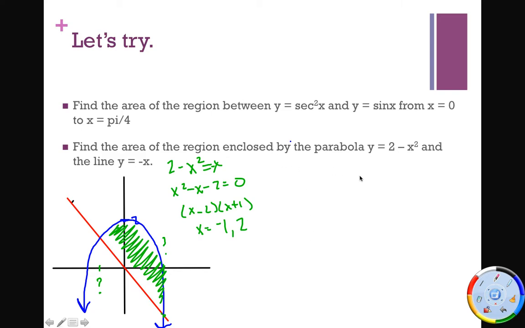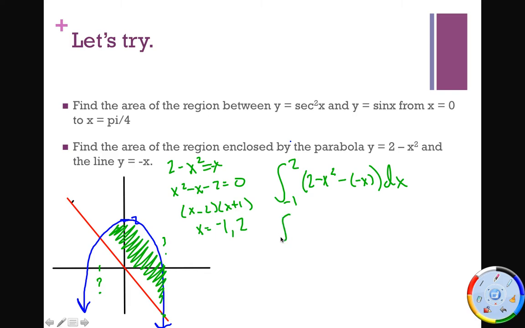That means our limit of integration now is going from x equals negative 1 to positive 2 of my function 2 minus x squared minus negative x. Right? My parabola minus my linear function because the parabola is above the linear function, dx.